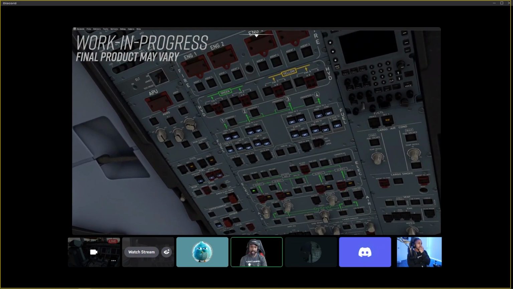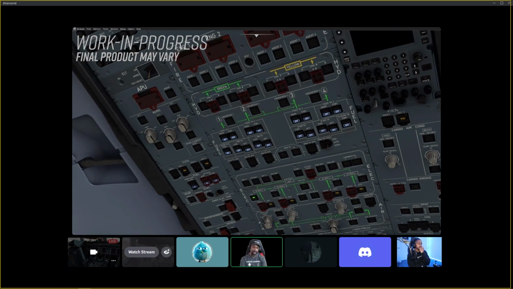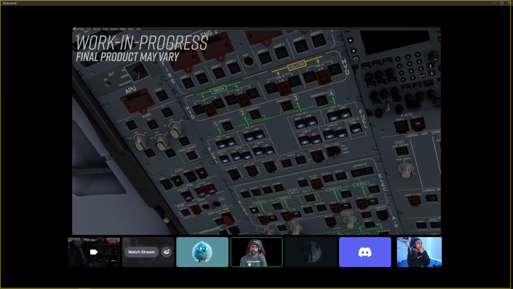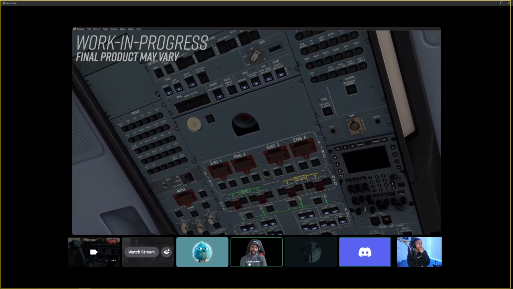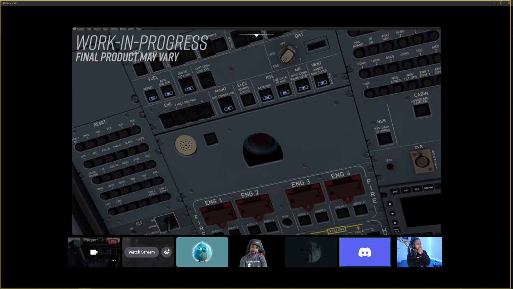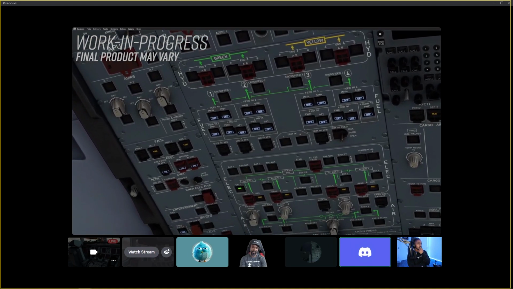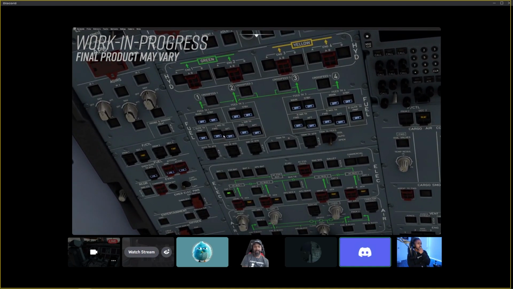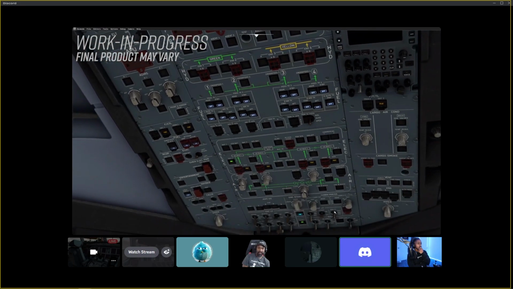A question about the hydraulics for the A380. Does it have a PTU like the A320, or something different? Nope, it does not. What is particular to that plane is that in a way it's simpler than the A320. There are fewer strange things like the PTU, like the emergency generator, which is a hydraulic motor on the A320.